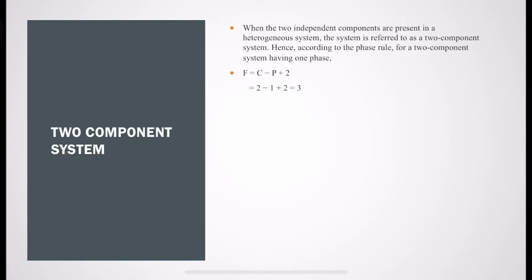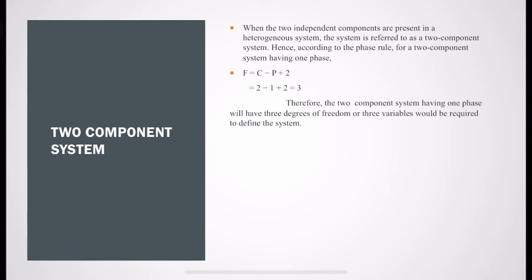So, F is equal to C minus P plus 2, where C is equal to 2, P is equal to 1, plus 2. That means 3. So therefore, a two-component system having one phase will have 3 degrees of freedom, or 3 variables would be required to define the system.